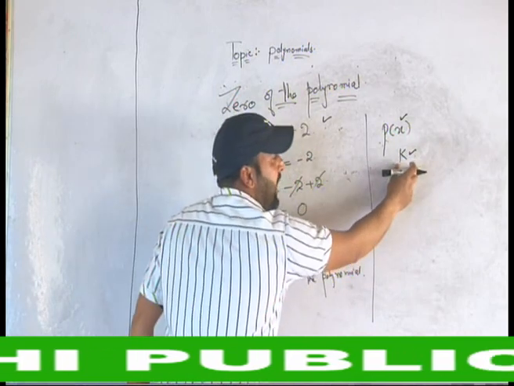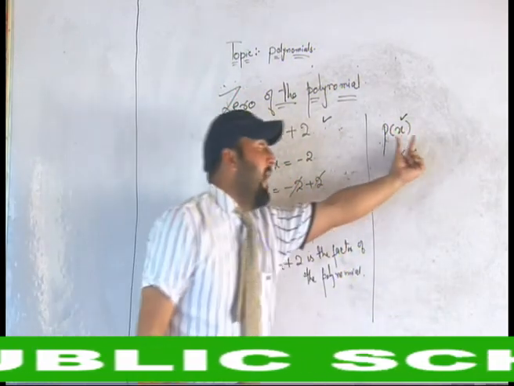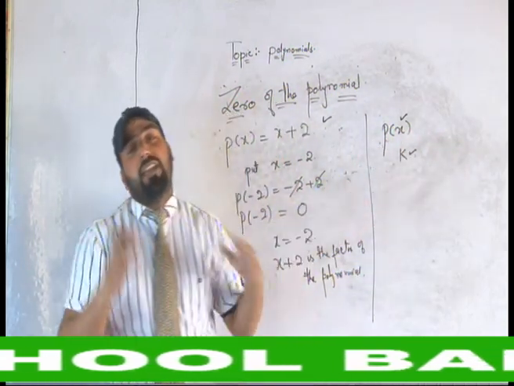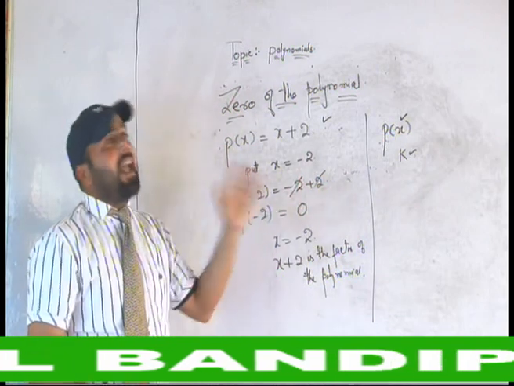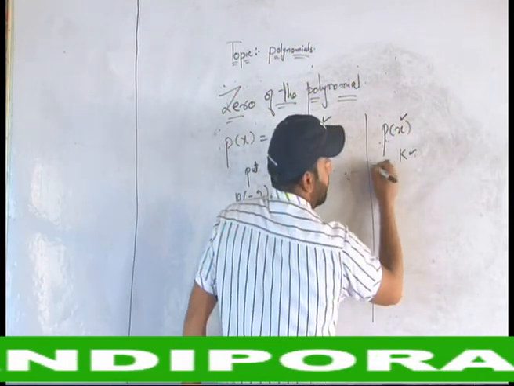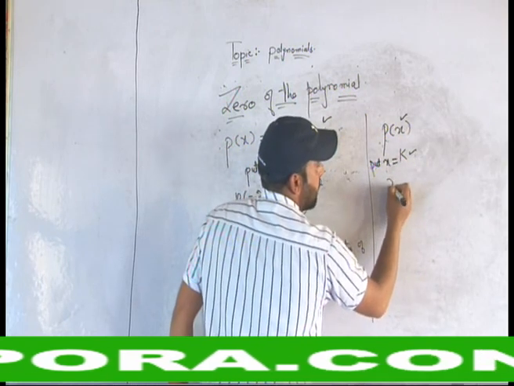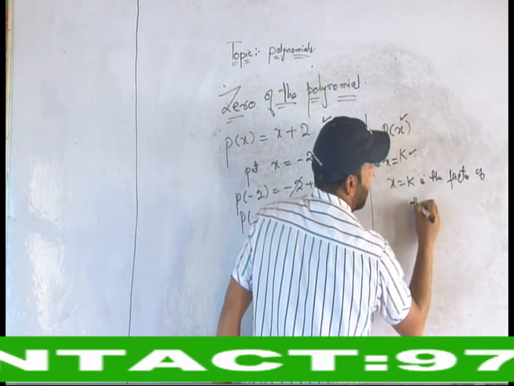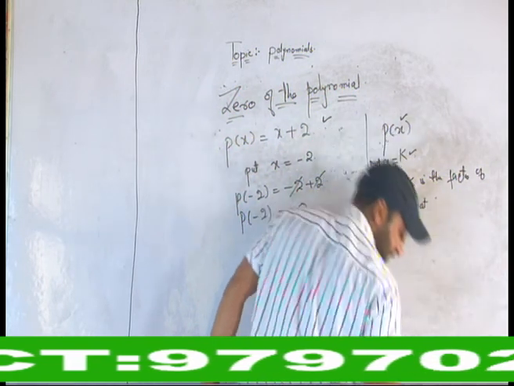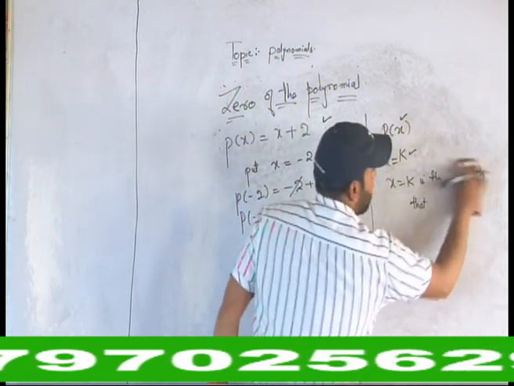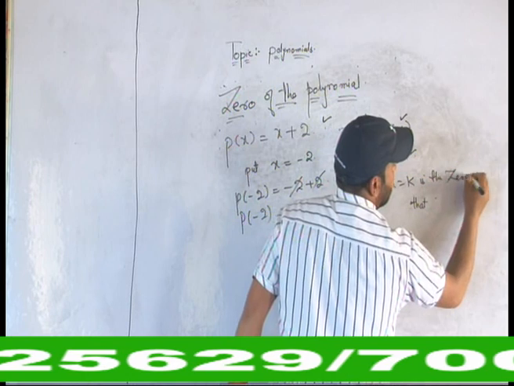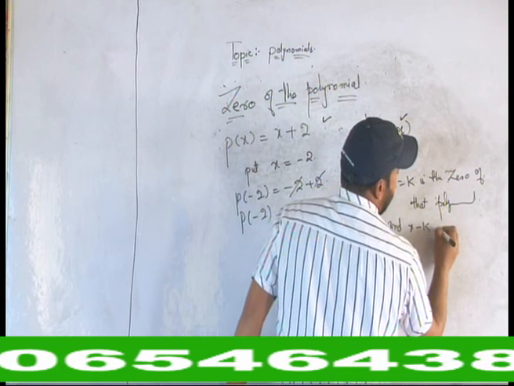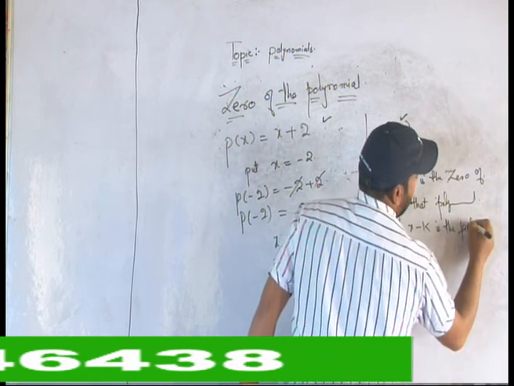After substituting k, if the value of that polynomial is equal to 0, then that k is referred to as the zero of the polynomial, and x minus k is the factor of that polynomial.